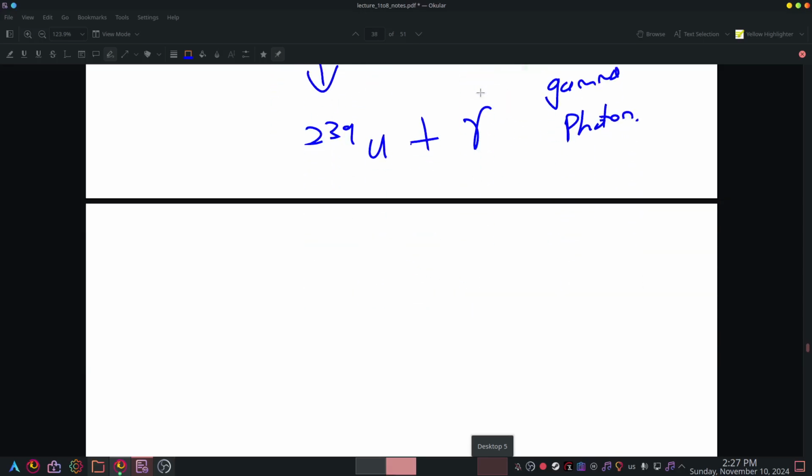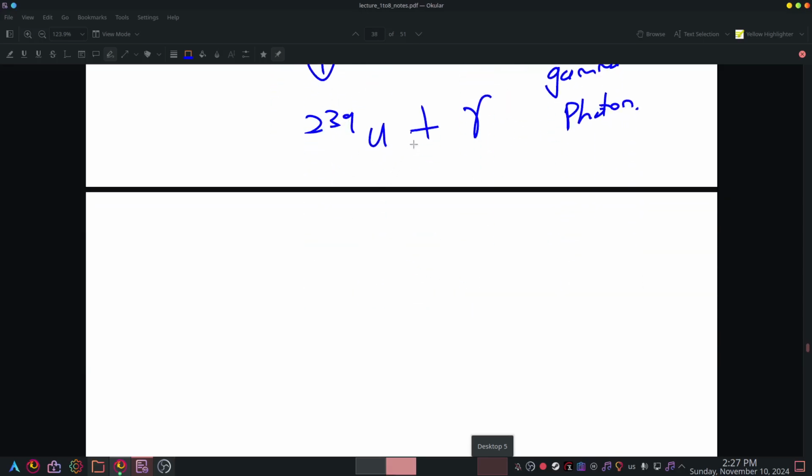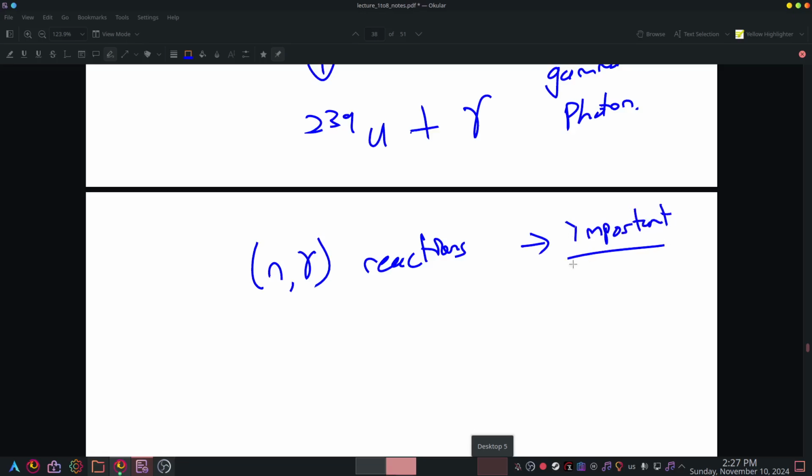There's a special name for this reaction. We call it N-gamma reactions. So this is important in nuclear engineering. Important, N-gamma reactions.